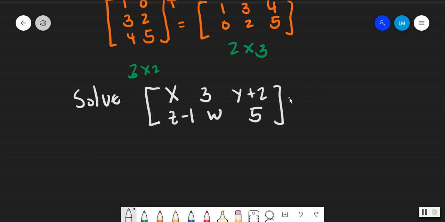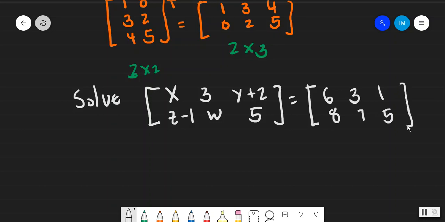Let's say this is equal to the following matrix: 6, 3, 1, and then 8, 7, and of course this should be 5.